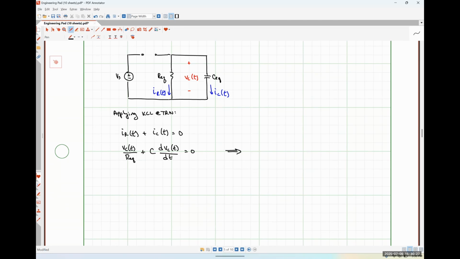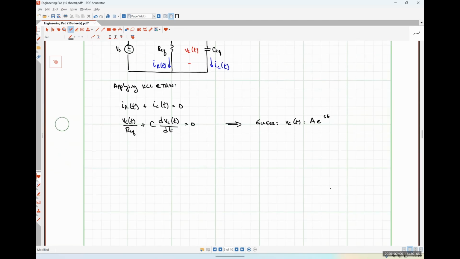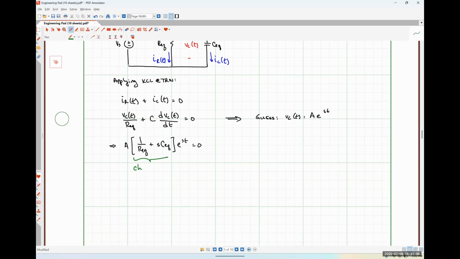So if we guess that VC is of the form A e to the st, like we did earlier with the inductor current, and we substitute that in and rearrange, we wind up getting the relationship A times (1 over REQ plus s times CEQ) e to the st is equal to 0, where this factor is once again our characteristic equation.